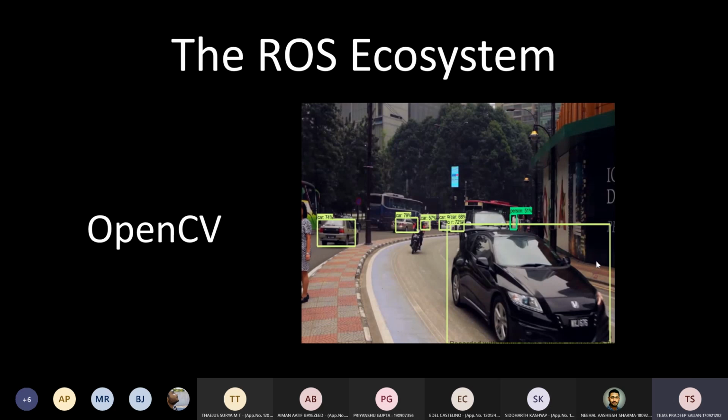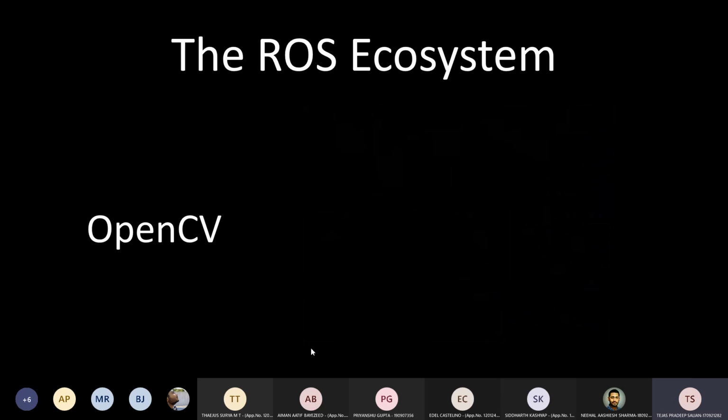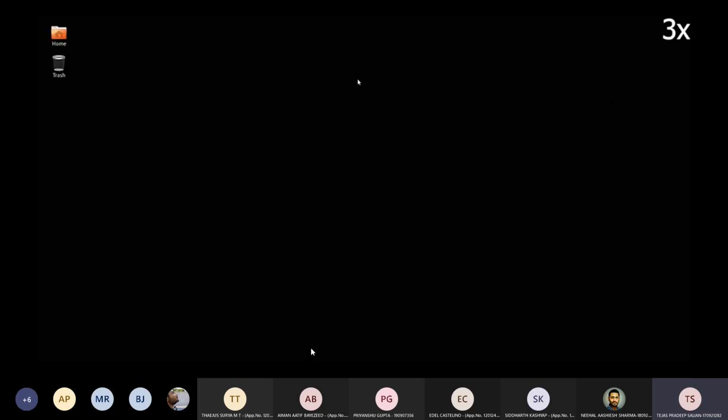OpenCV is essential if you will be working on any project that involves a camera. So these are just a few examples which ROS as an OS supports.